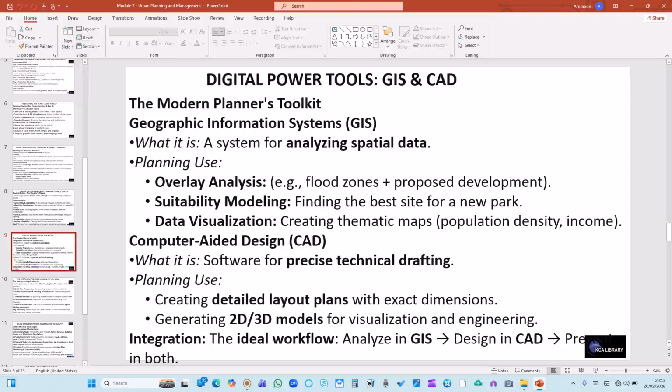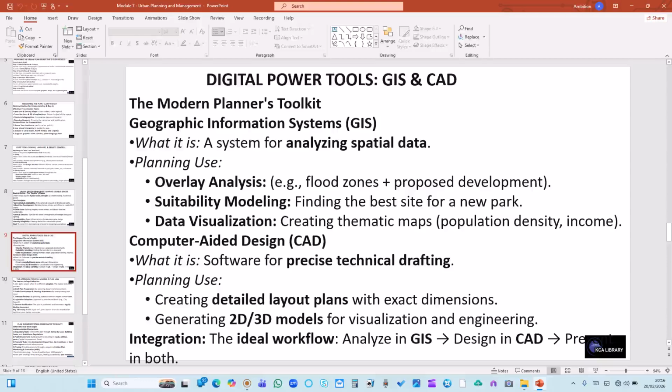Having known that, let us look at the digital power tools, that is Geographic Information System and CAD, which are the modern planner's toolkit. The Geographic Information System, GIS, what is it? It is a system for analyzing spatial data. Planners use it for overlay analysis, for example flood zones and proposed development.